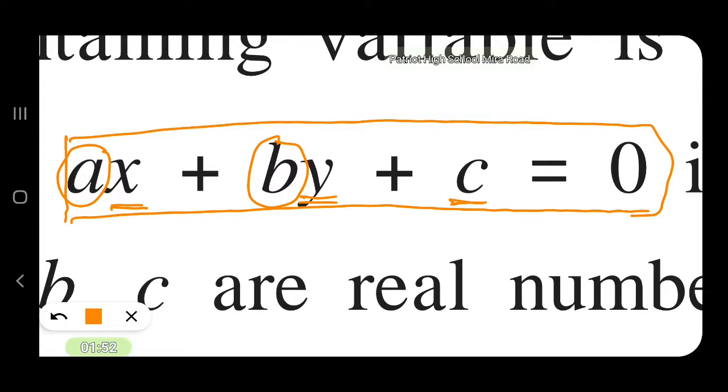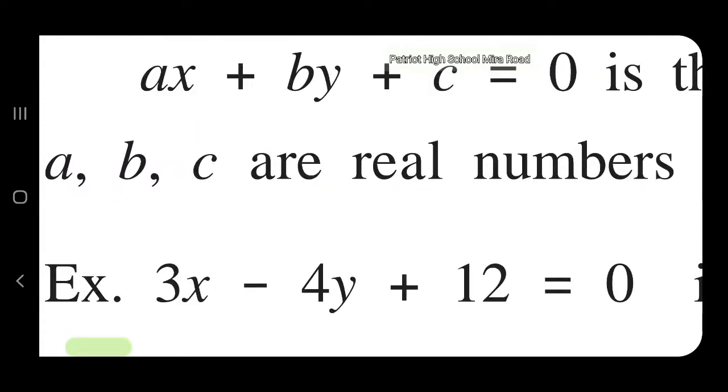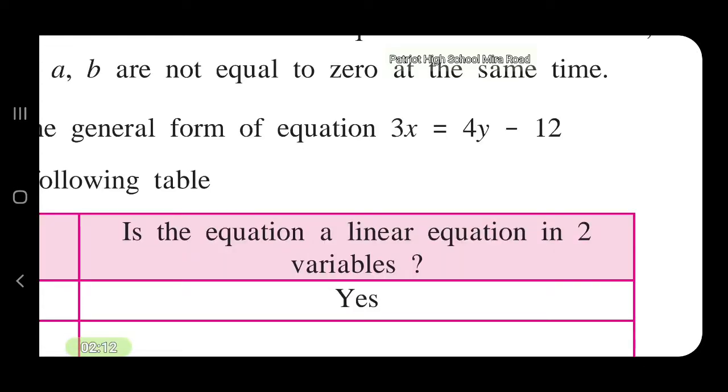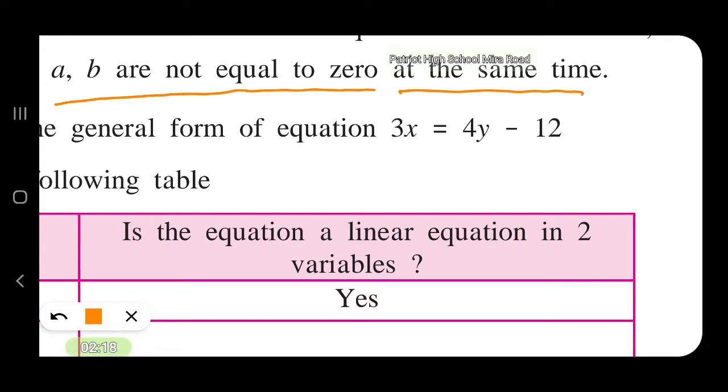Both a and b should be real numbers and they should not be 0. So a, b and c are real numbers. a and b are not equal to 0 at the same time. This is the requirement for the linear equation in two variables.